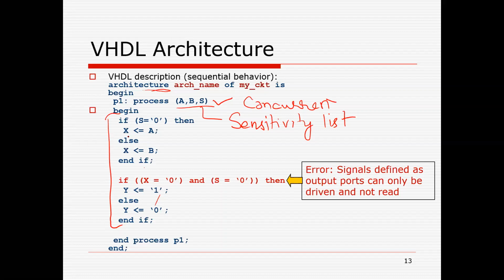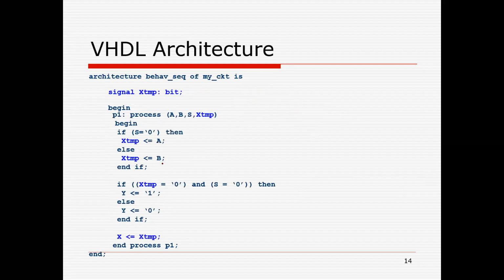But see, X was defined as an output, the mode was out. Okay, so an out cannot be used as an input in my design. So when you try to simulate this, it will give you an error. And the value of X will not be read by my code or the simulator. So what do I do? I have solutions, we will talk about it.